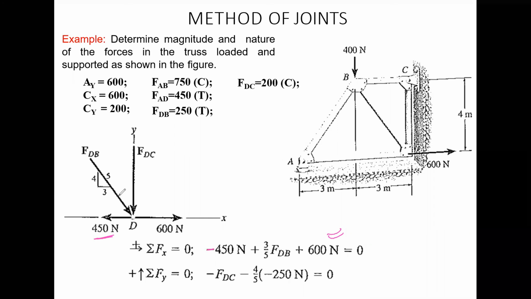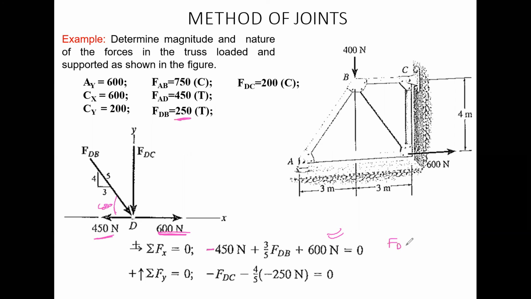That means FDB cos theta. So this is cos theta, and cos theta is 3 by 5. So we are taking positive sign here because the direction is rightward. Then plus 600 Newton. 600 Newton is directed towards rightward. So plus sign here. This will give us FDB.